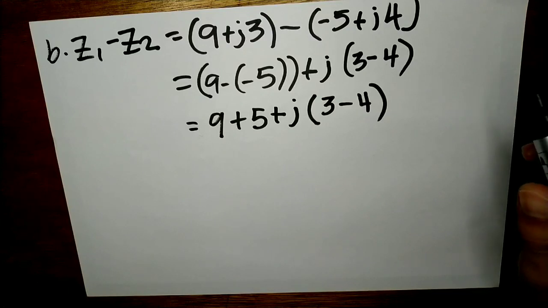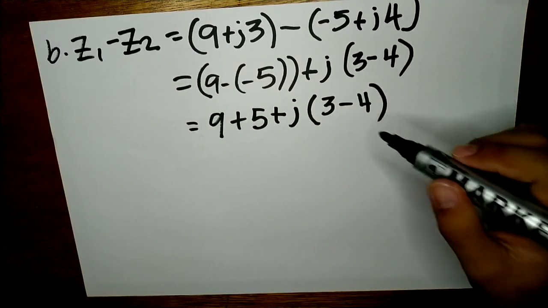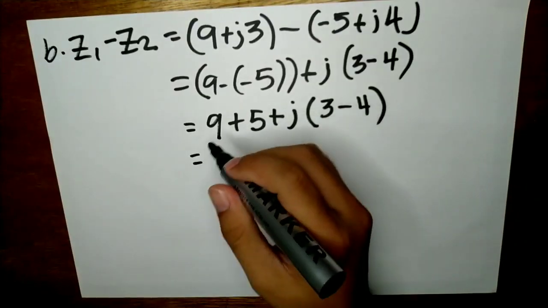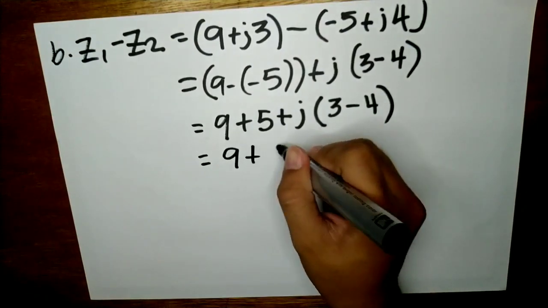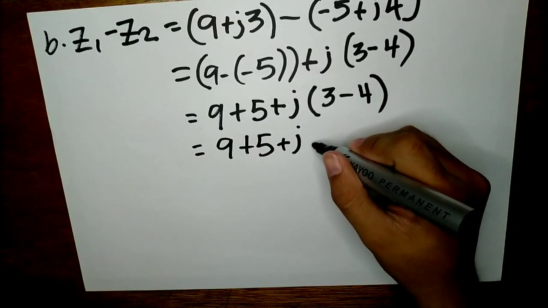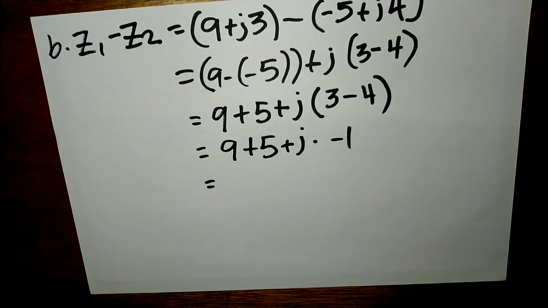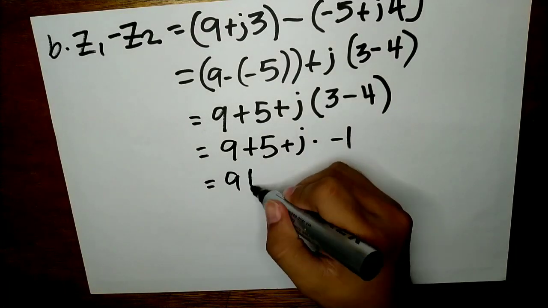Now, after that, we need to subtract this 4 from 3. Let's go. The answer will be negative 1. Now, after that one, we need to move negative 1 to the left of the I, or the imaginary.